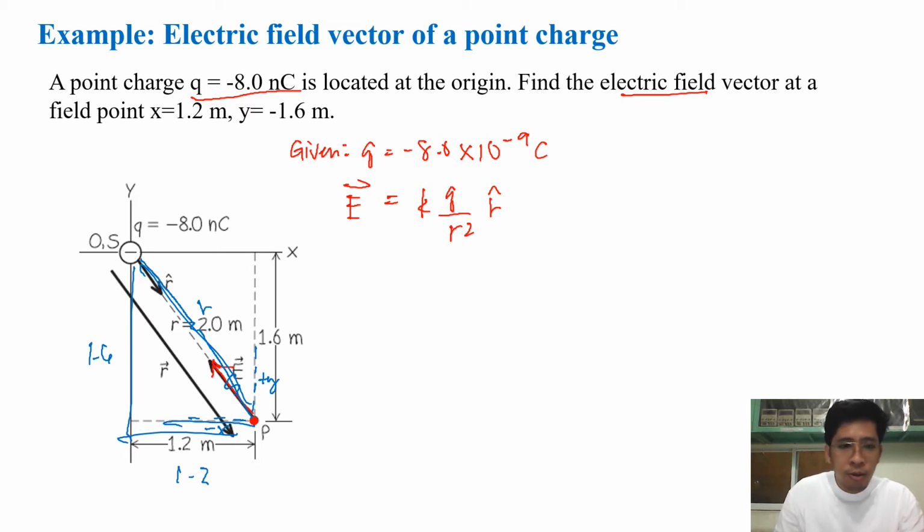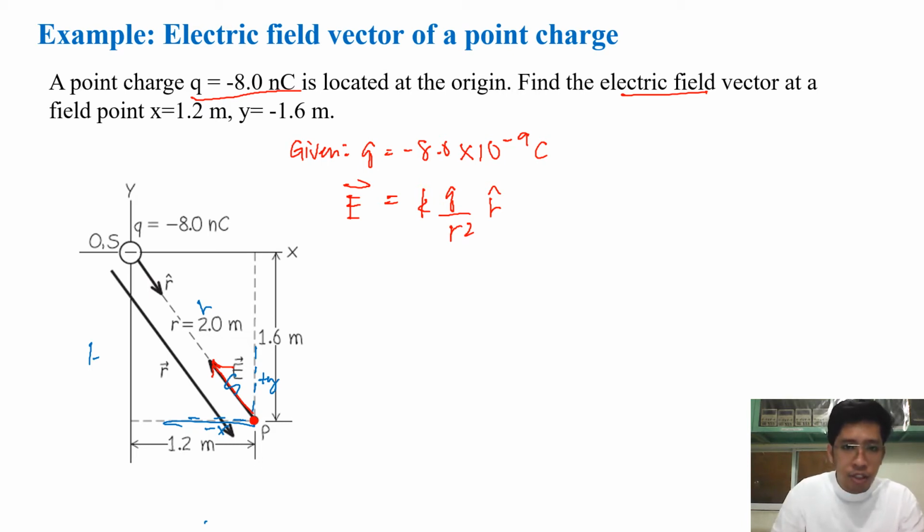Your R is equal to the square root of 1.6 squared plus 1.2 squared. Again, this is just from the Pythagorean theorem. So that is your R. Now let's find your electric field.